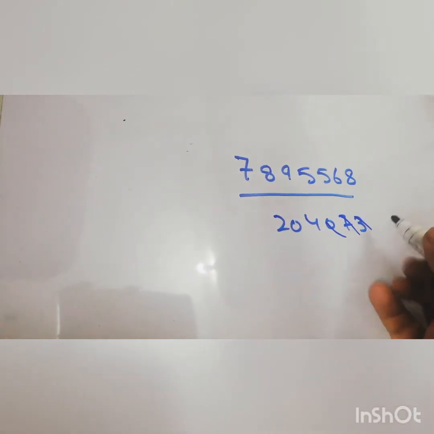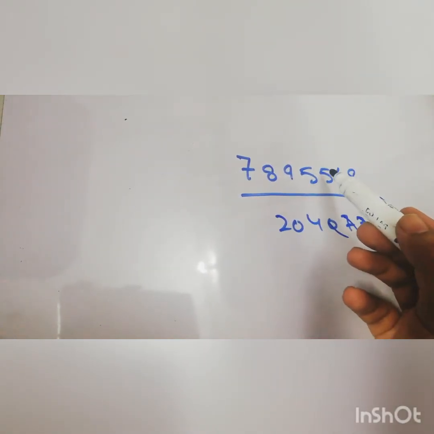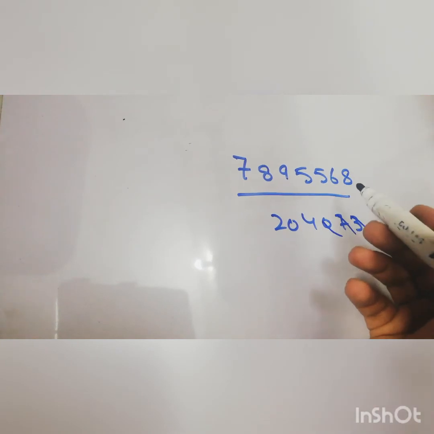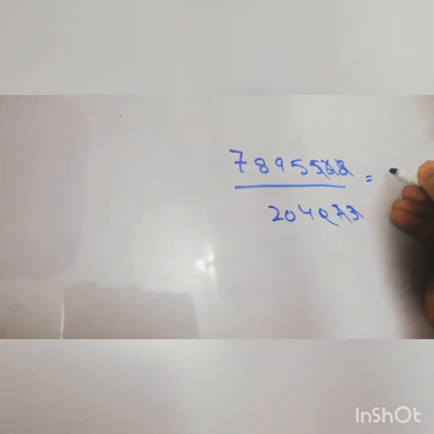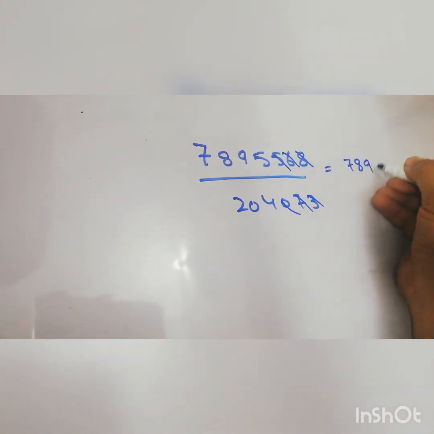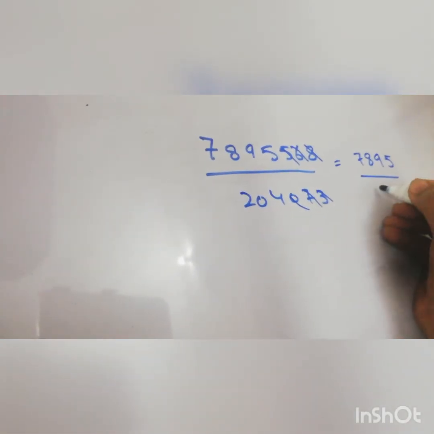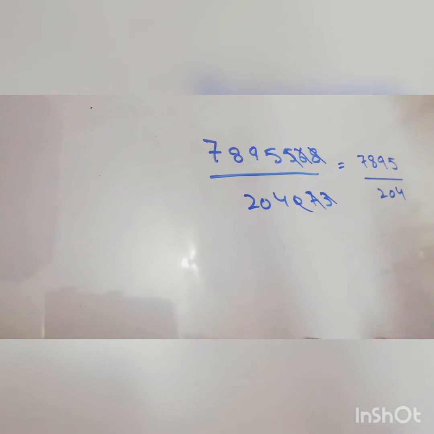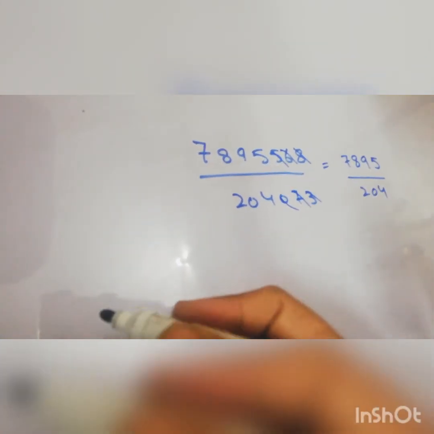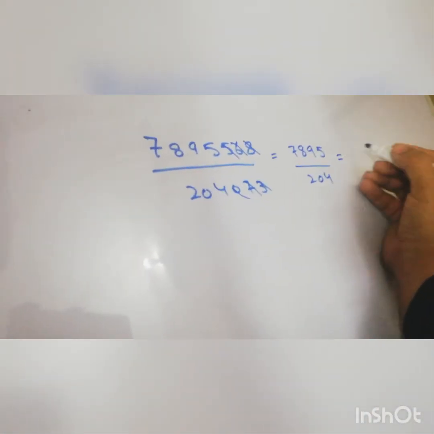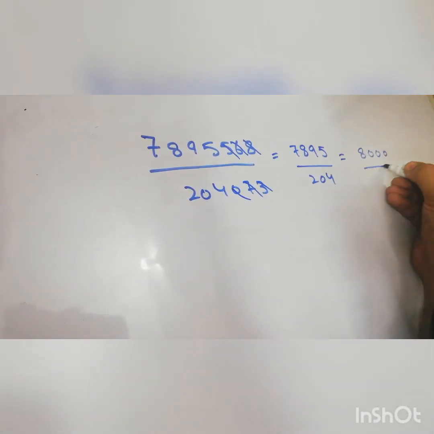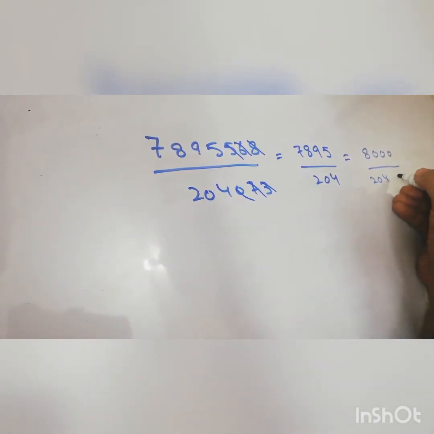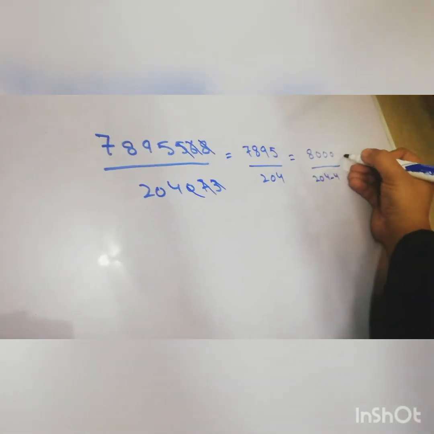If there are more than 3 terms in the denominator, we will neglect the other terms after the third digit, and the same number of terms will have to be removed in the numerator also. So I will cancel the last 3 digits of 7895568 and 204073. 568 and 073 are being cancelled. So after cancellation, the numerator will be reduced to 7895 and the denominator will be reduced to 204.